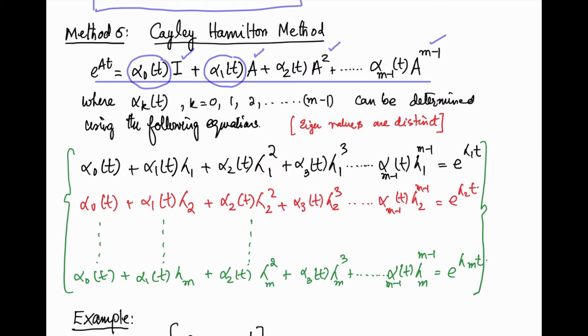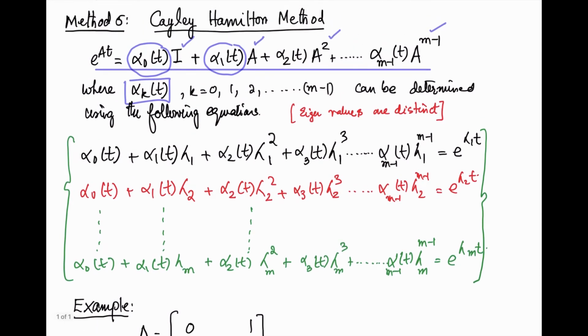Let's suppose that we have, in generic form, alpha k t, where k varies from 0 to m minus 1. Looking at this equation, this is alpha 0, this is alpha 1, this is alpha 2, and so on up to the m minus 1 power. So these will be the alpha terms, and these can be determined using the following equations.